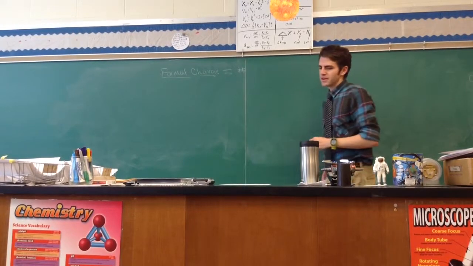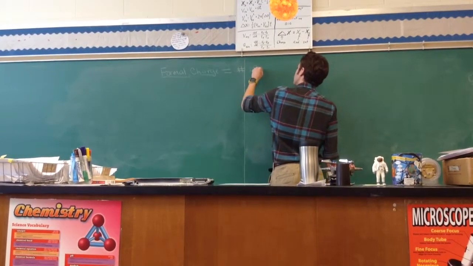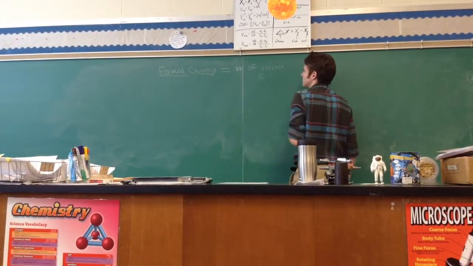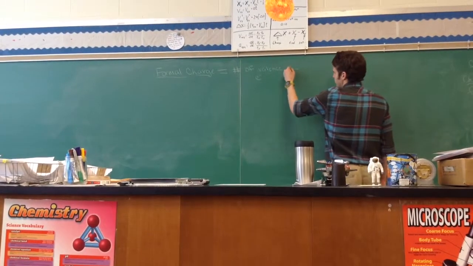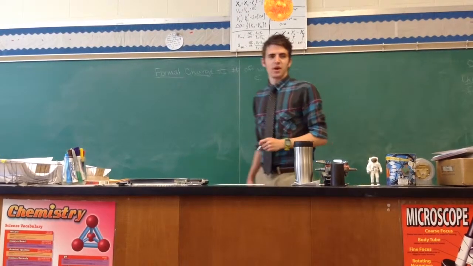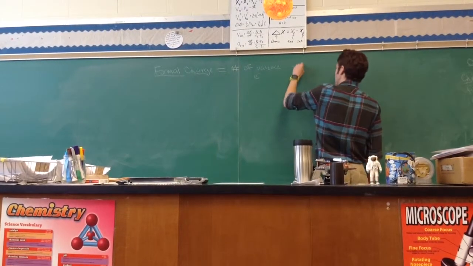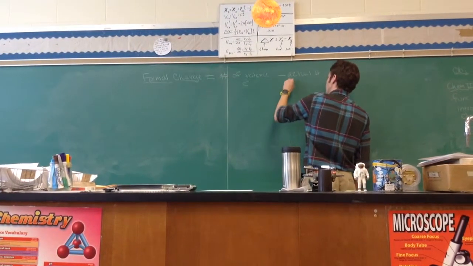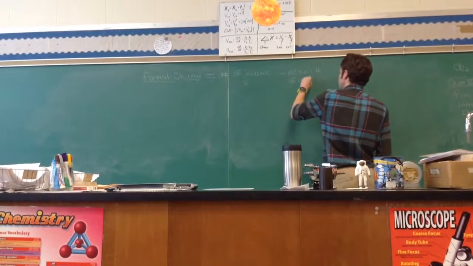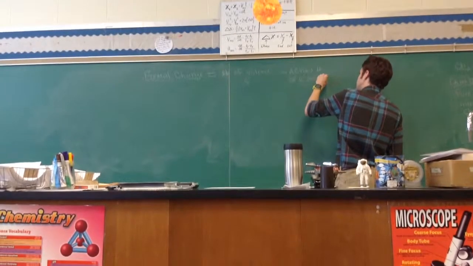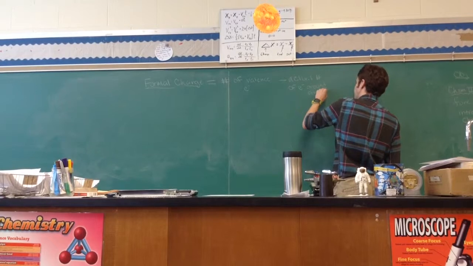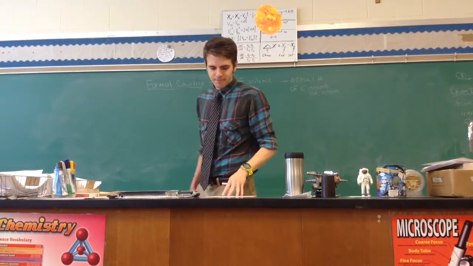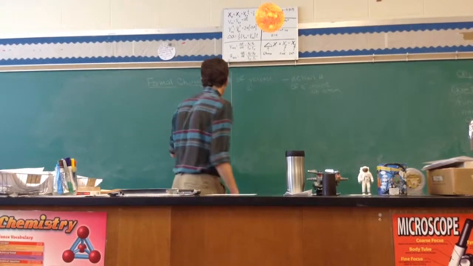It's our number of valence electrons minus, or we're taking away from it, the actual number of electrons around an atom. That's formal charge.